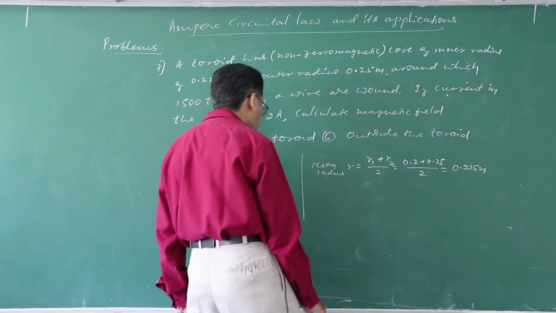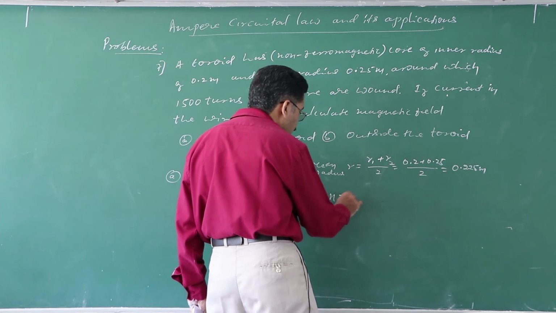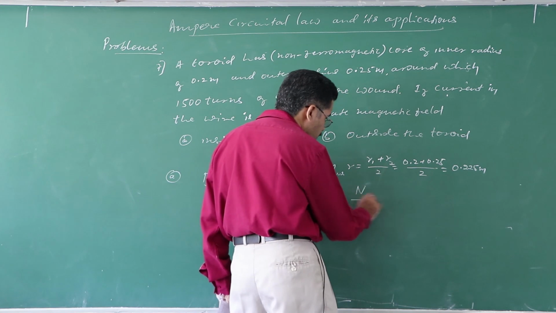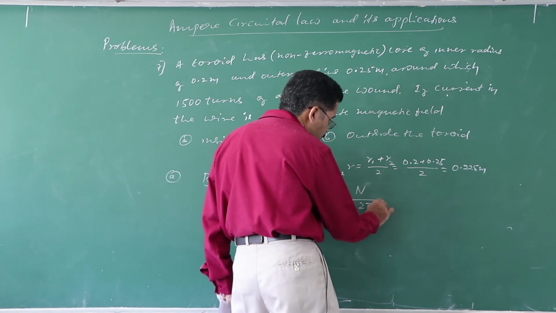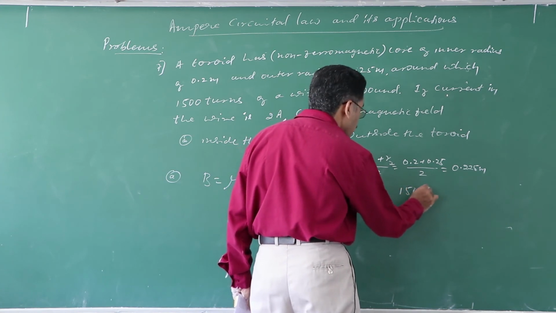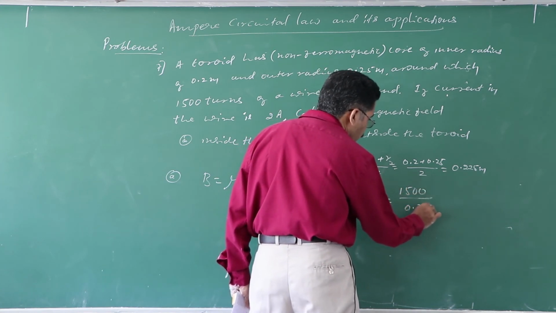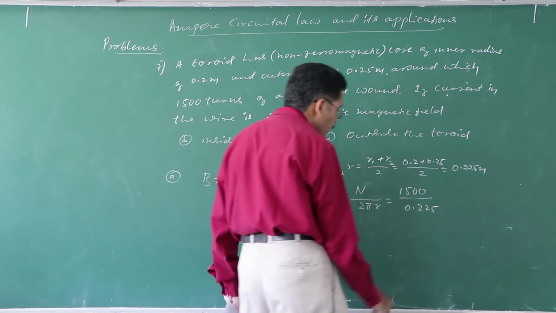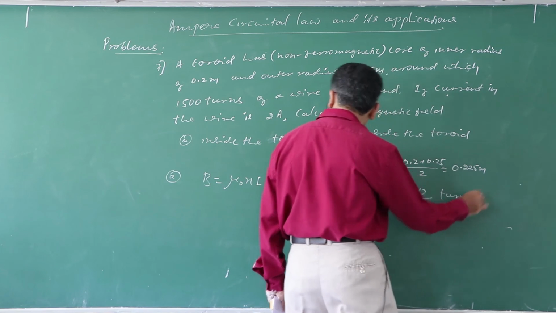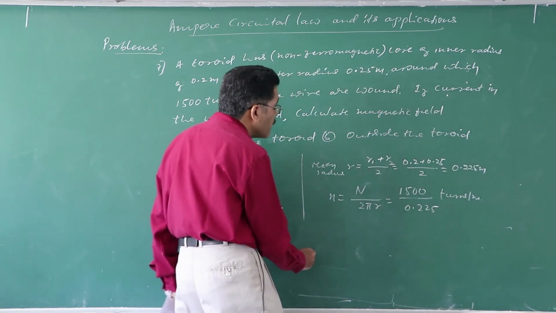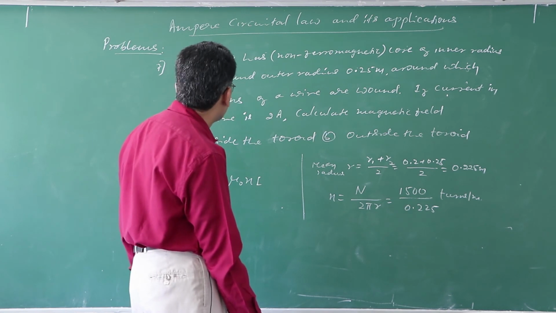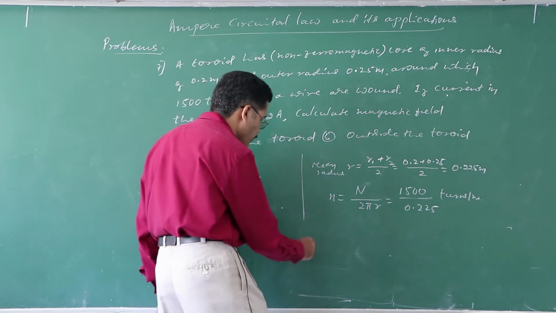Therefore, what is n? n is equal to total number of turns divided by 2 pi r. n is 1500 divided by 0.225, turns per meter. And I is given. I is 2 ampere.